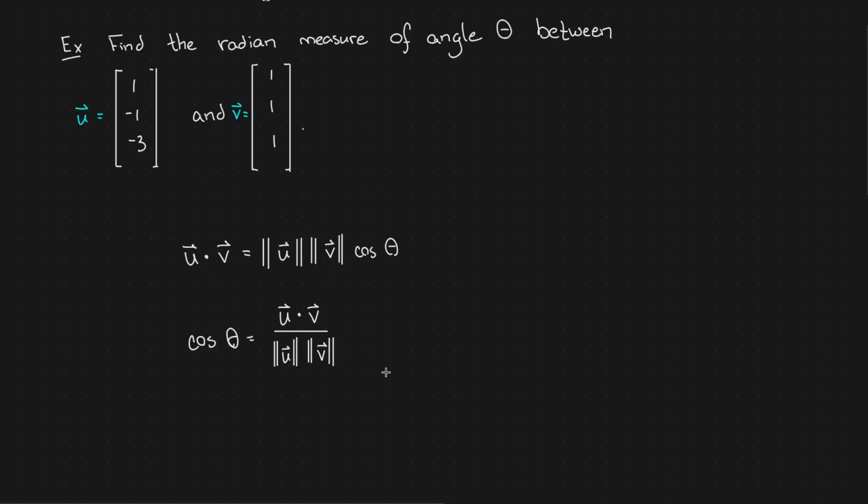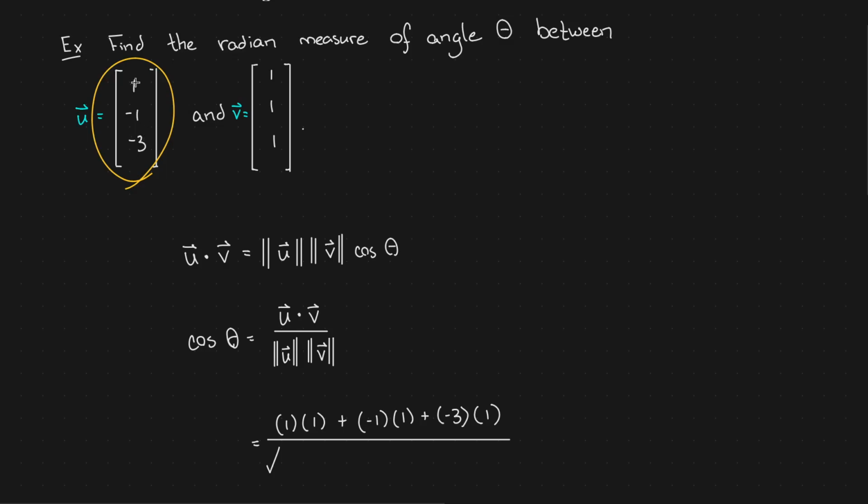So let's start by taking the dot product. So U dot V. So that's going to be first component times first component plus second component times second component plus third component times third component, and the norm of U is going to be the sum of the squares of the components, and I take the square root of that.